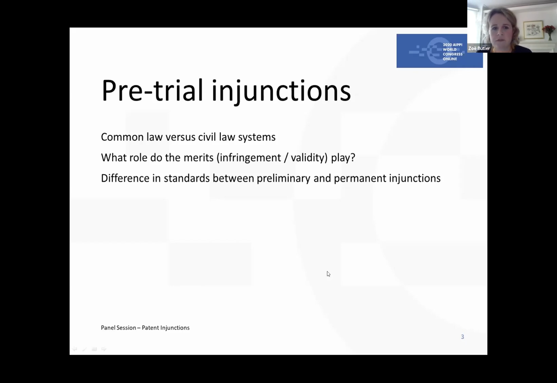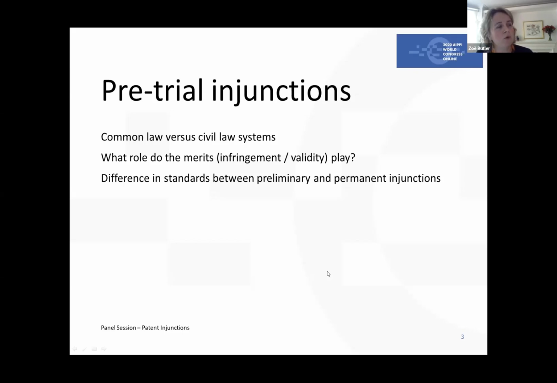But more of the evidence tends to be focused on the questions of irreparable harm and balance of convenience. It can be difficult for the judges to deal with this on the paper, in the sense that they're used to live testimony and the ability to cross-examine. But they can read the evidence and weigh it up.